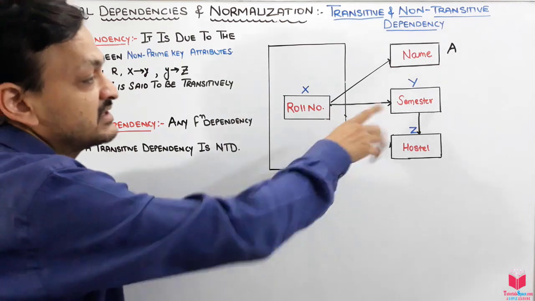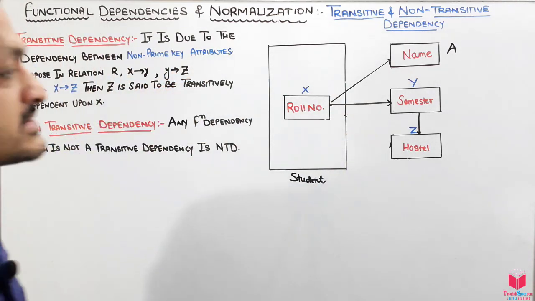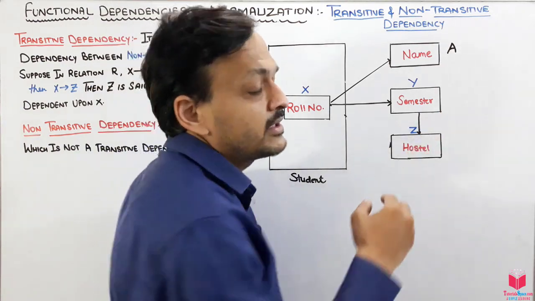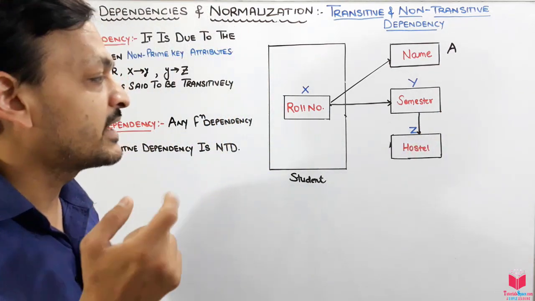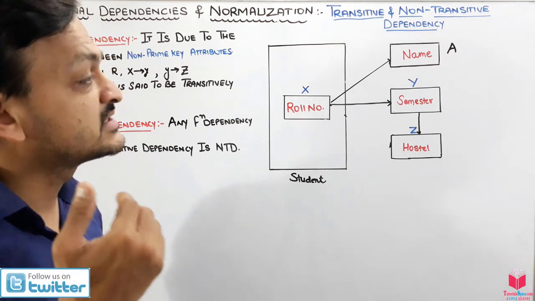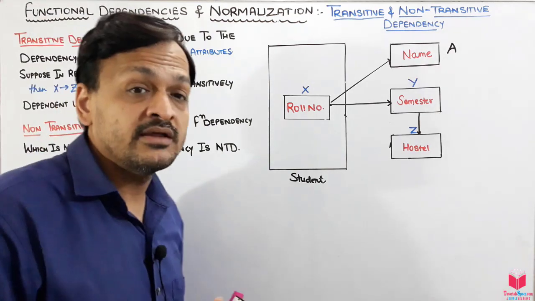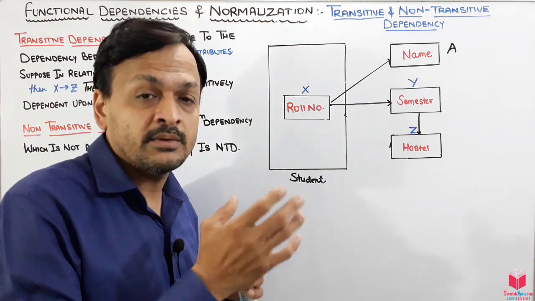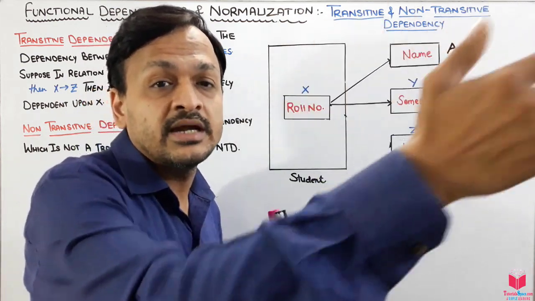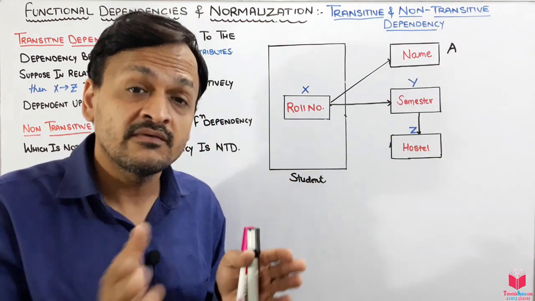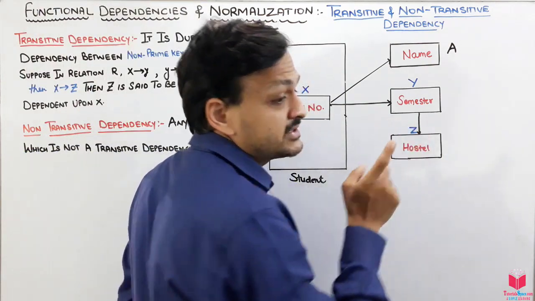So this is a functional dependency. But there is another functional dependency, Y to Z, that says if I am given a semester, can I find in which hostel that student lives? Yes, I can tell, because there will be a table which says that this semester's students will live in that hostel. On what basis? On this functional dependency basis.